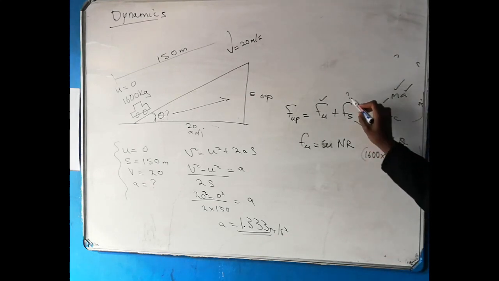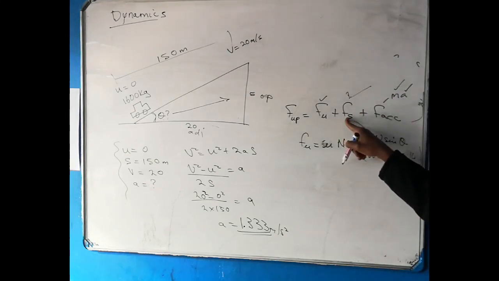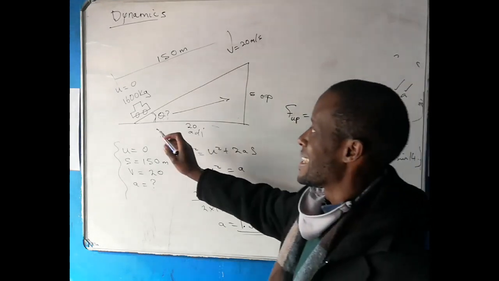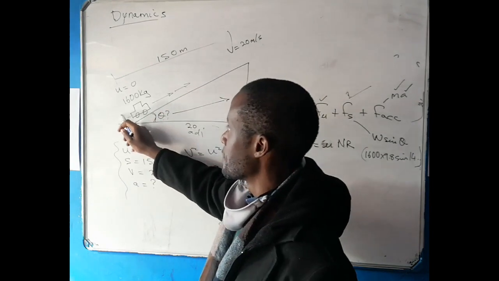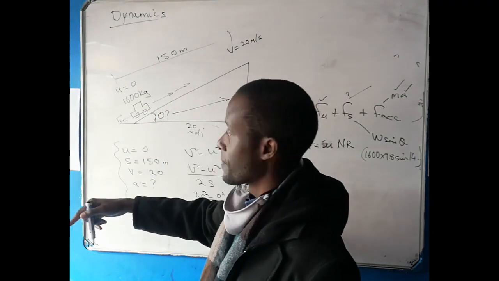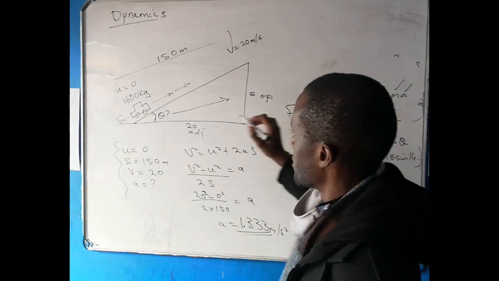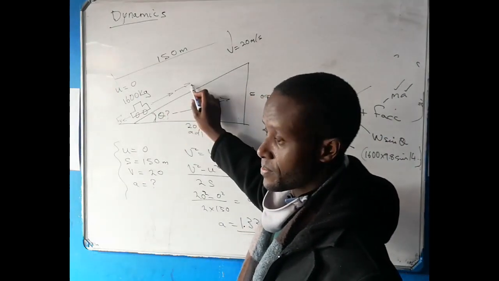This will give us the sliding force. The sliding force is acting against this; the vehicle is trying to go up, but the sliding force is acting in that direction. The acceleration is acting in that direction.